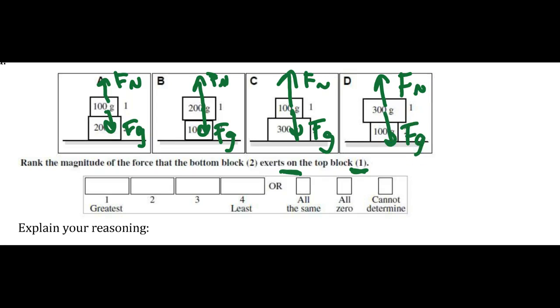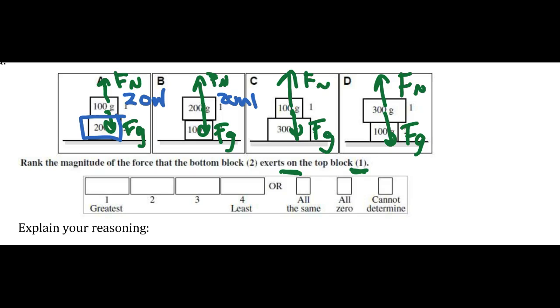Now, force of gravity, we know that is by the earth, but what is this force normal by? The force normal is the force normal of 2 on 1. That's the bottom object below it, pushing up. So there I have the force of 2 on 1, and that's exactly what I'm looking for.